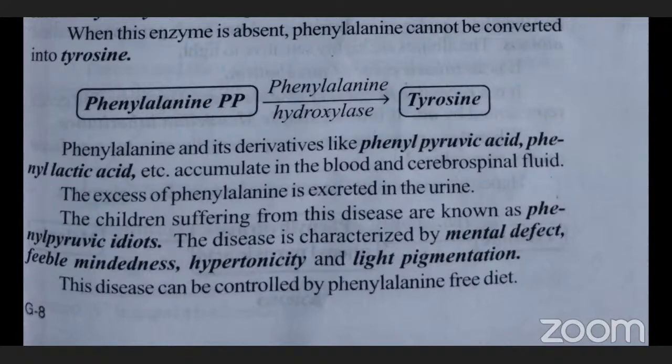But if a person is affected by phenylketonuria, that enzyme is not produced. The phenylalanine hydroxylase enzyme is not produced, because that enzyme is responsible for the conversion of phenylalanine into tyrosine.